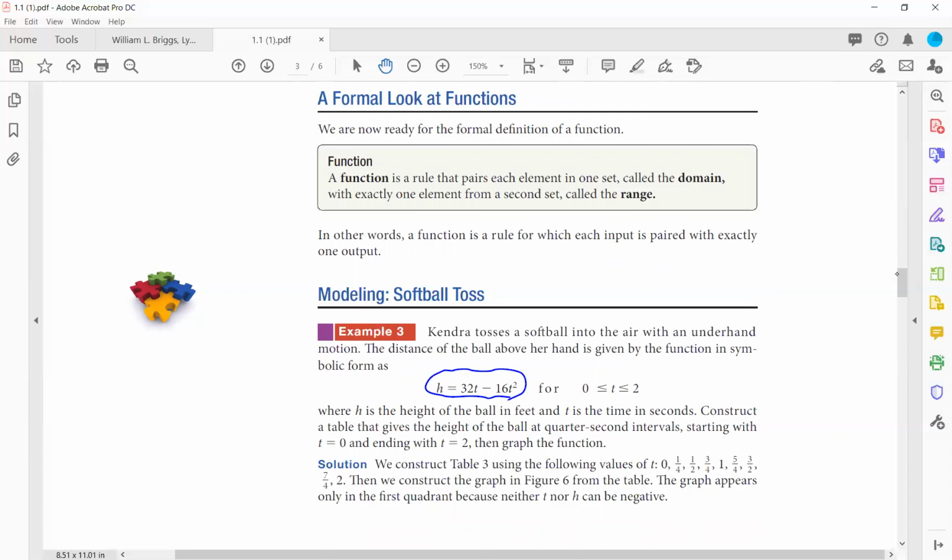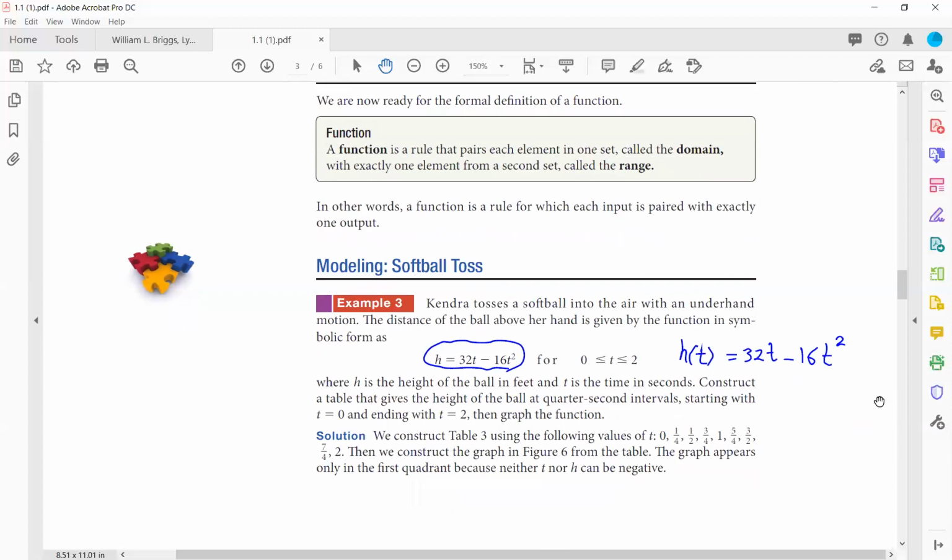You can also write this function this way: h of t, function h depends on variable t, equals 32t minus 16t squared. t, or the domain, ranges between 0 and 2.